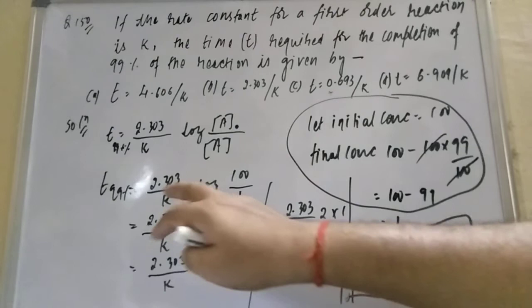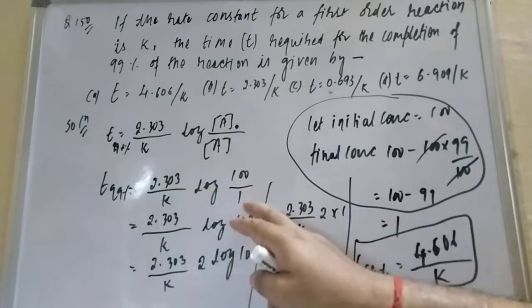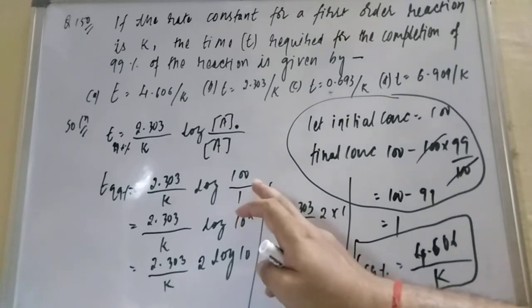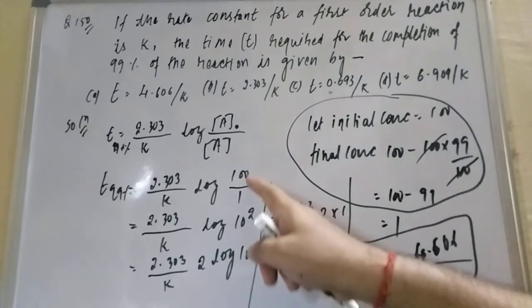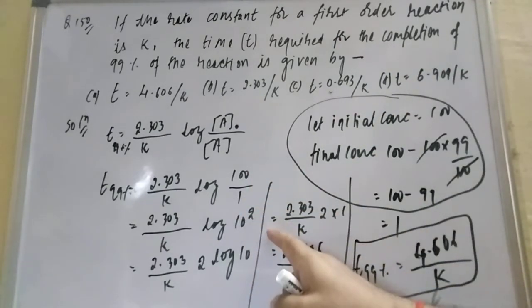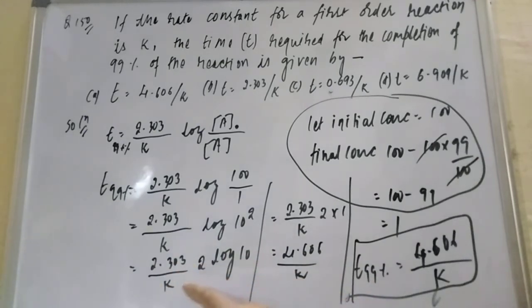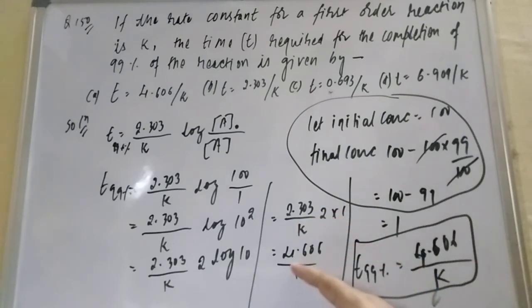So in the formula we put T99% equal to 2.303 upon K log 100 upon final concentration 1. So 2.303 upon K log 10 square. Now log A power n equal to n log A. So that is 2.303 upon K, 2 log 10. Log 10 value is 1. So 2 multiplied, it will come 4.606 upon K. So T99% equals 4.606 upon K.